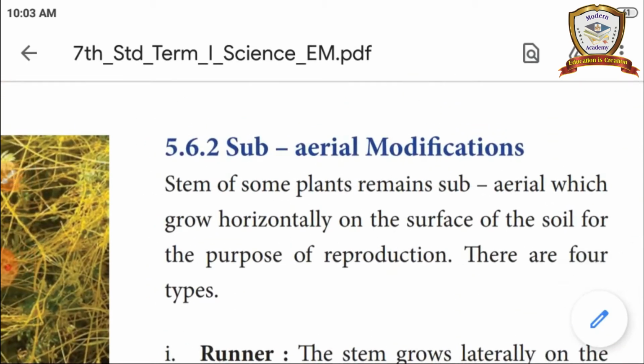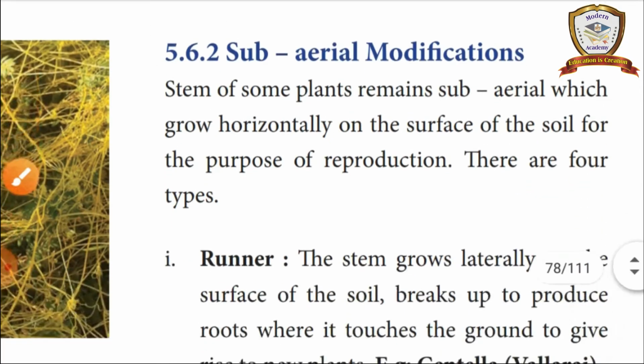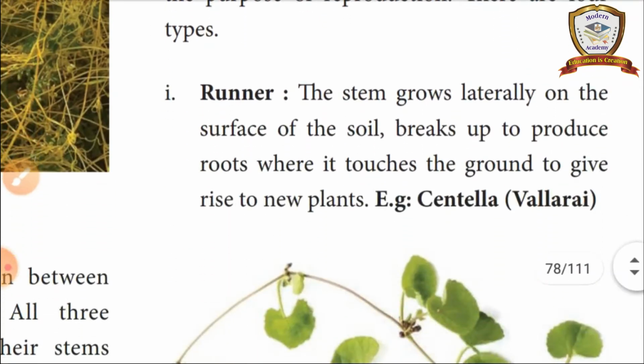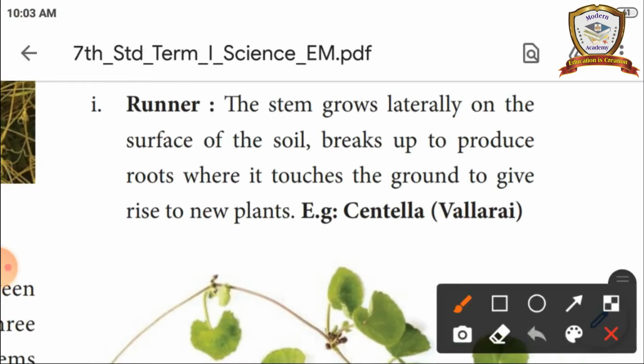Next one, subaerial modifications. Stems of some plants remain subaerial, growing horizontally on the surface of the soil for the purpose of reproduction. There are 4 types. Subaerial means somewhat on the ground, and again it is touching the ground. In the first one, the stem grows laterally on the surface of the soil and breaks up to produce roots where it touches the ground to give rise to new plants.